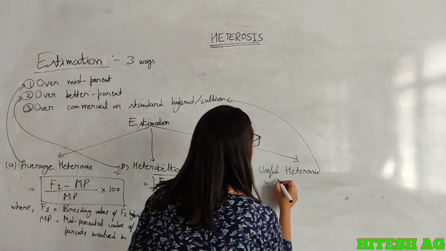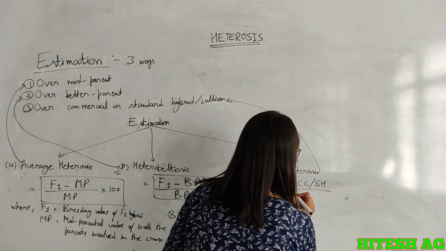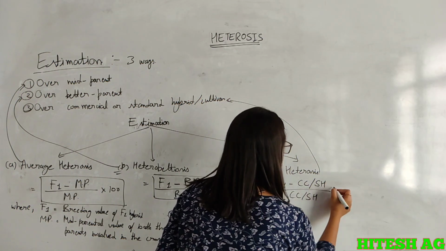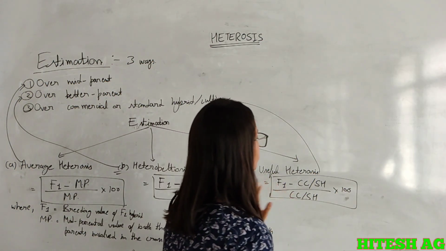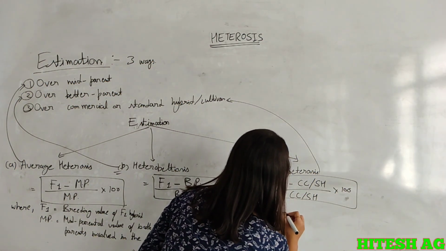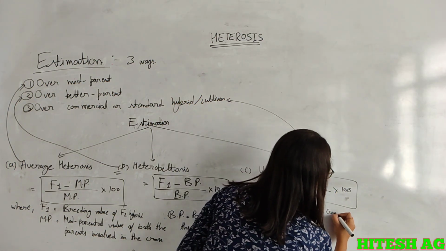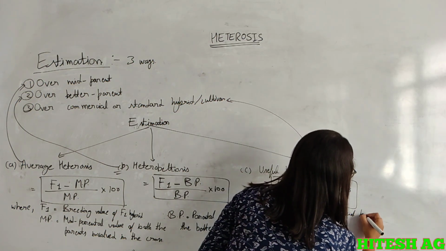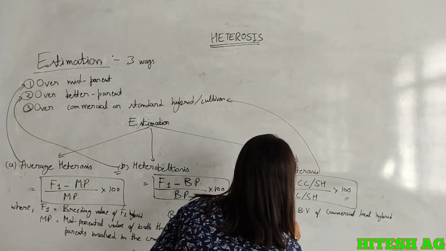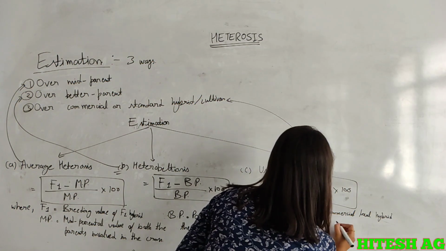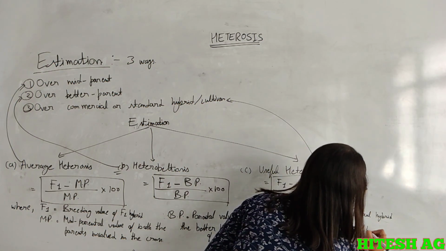The formula we use here is (F1 minus CC/SH) upon CC/SH into 100, where F1 is the breeding value of the F1 hybrid, CC is the breeding value of the commercial local hybrid, and SH is the breeding value of the standard local hybrid.